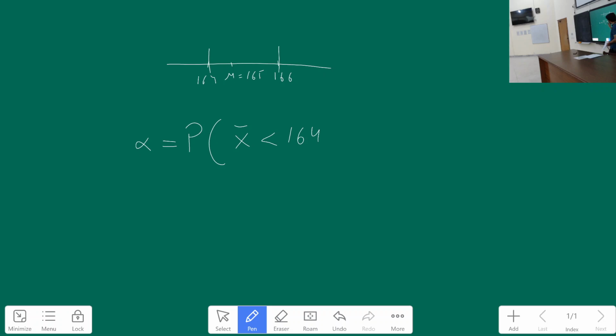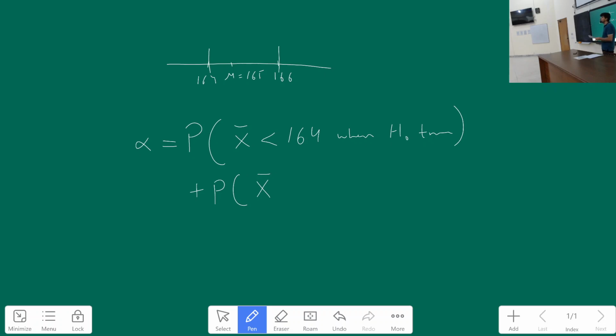So probability x bar is less than 164, sometimes we write it with given, when H naught is true. So is that all, or do we need something else in false negative? Yes. There is another mutually exclusive possibility.